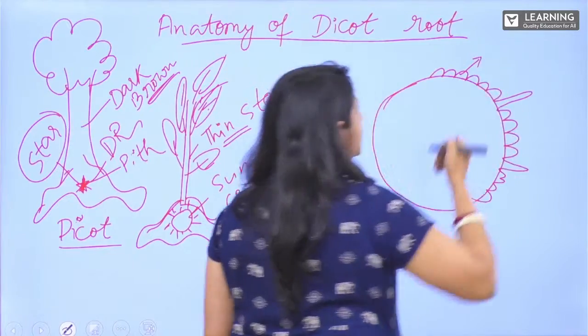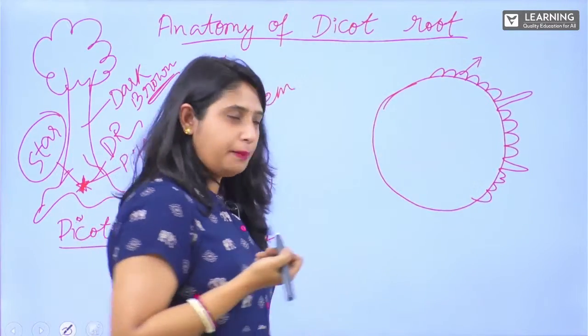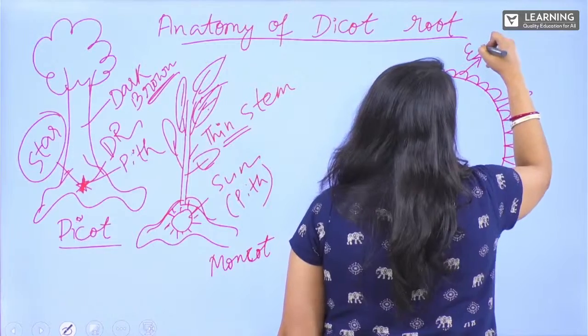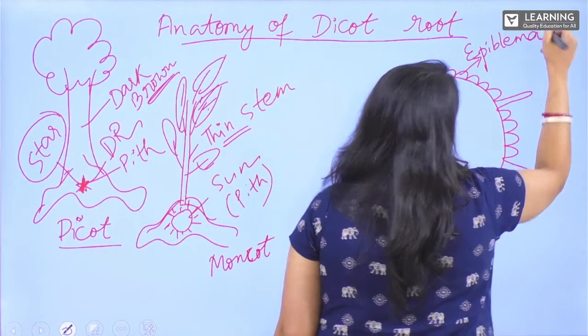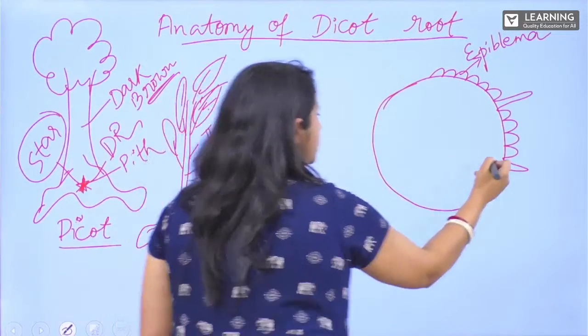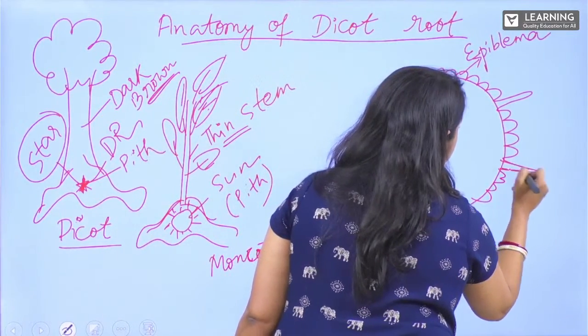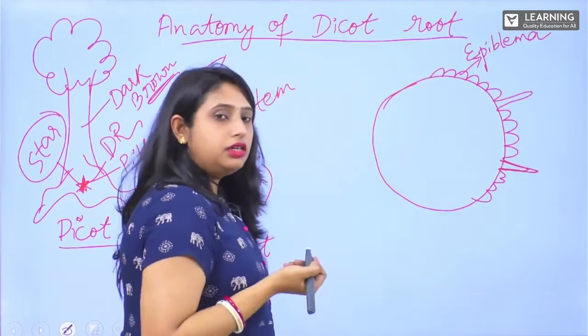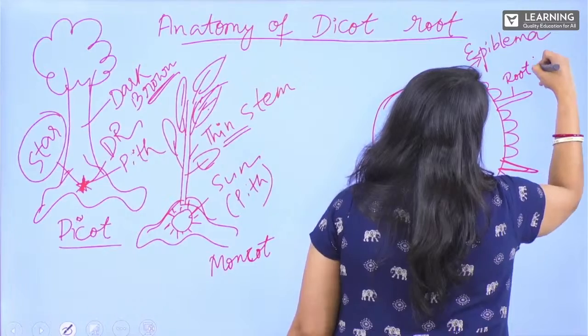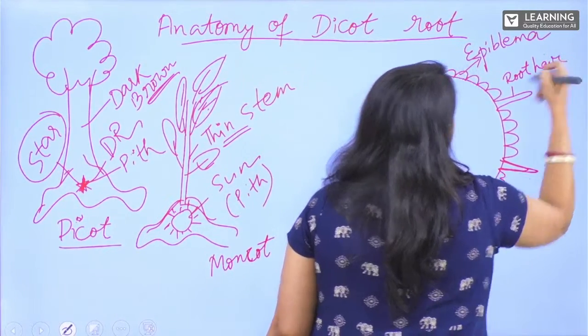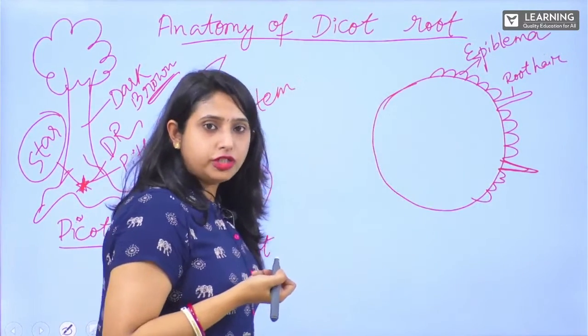Here the epidermis is called epiblema. And what are these? These are your root hairs. Now what will be present after this?